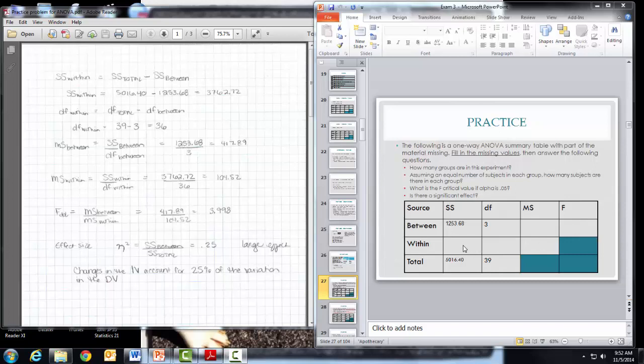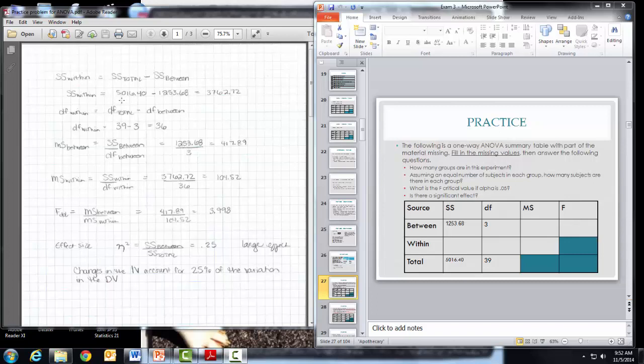So we'll start with sums of squares within. Remember that sums of squares total, this number right here, is equal to sums of squares between plus sums of squares within. So to figure out what sums of squares within is, let's go over here to the PDF handwritten file, and you can see I've written down the formula for how we're going to do that. We're going to take our total minus our between.